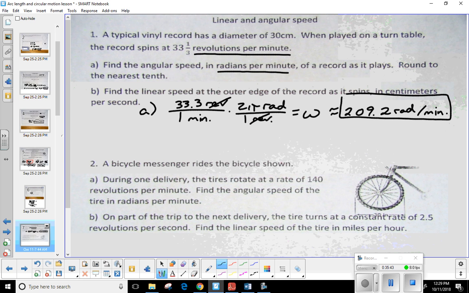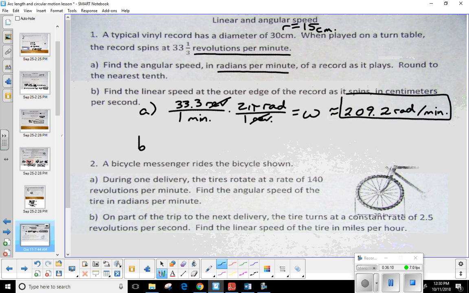Now B wants me to find the linear speed. Once you have the angular velocity, omega, all you have to do is multiply it by the radius. You have your linear speed. What is the radius? 15. They gave me a diameter of 30, so the radius has to be 15 centimeters.